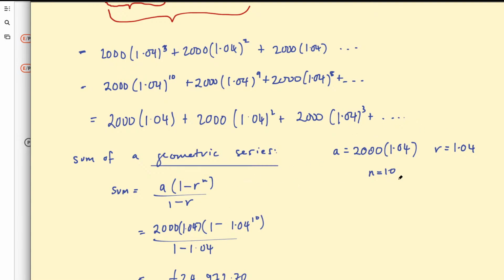I guess this is just a shortcut, really. Like using this formula is just a shortcut. And this is the sum that it works out: 2000 times 1.04 plus 2000 times 1.04 squared, and so on, all the way up to 2000 times 1.04 to the power of 10.